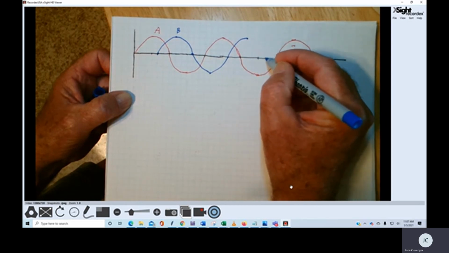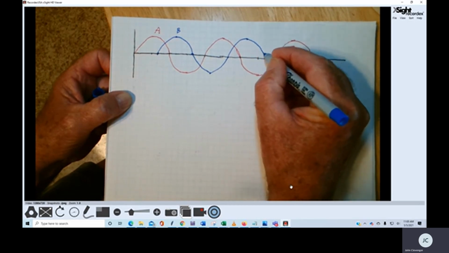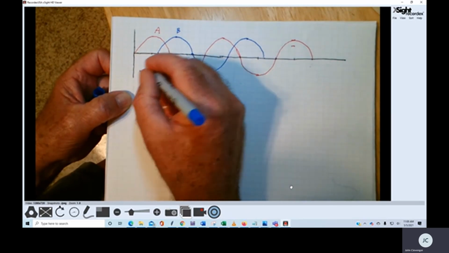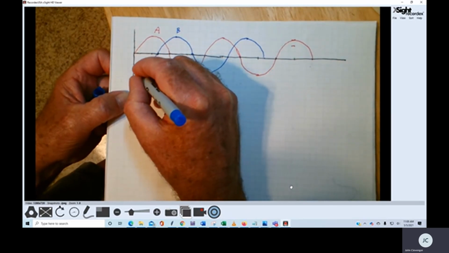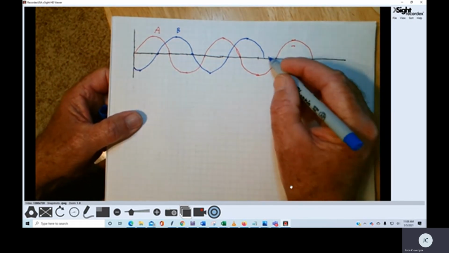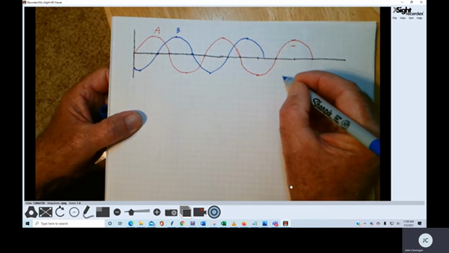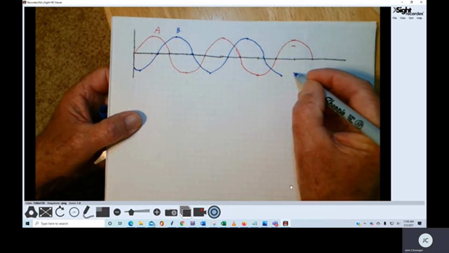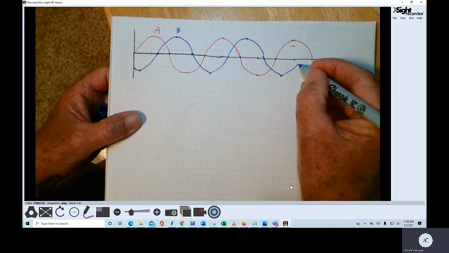And this is my zero crossing. This will be my peak point here. There we go. So there's phase B. And this will be my peak. And this will be my zero crossing.